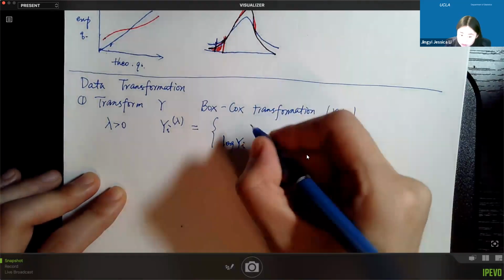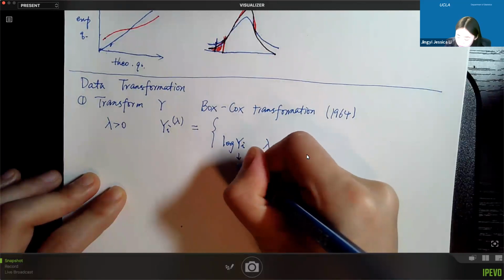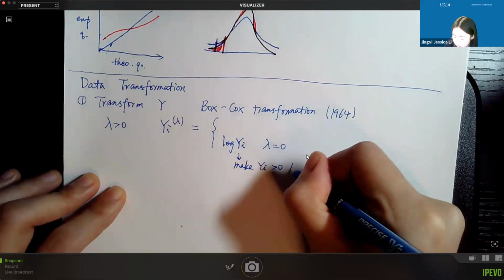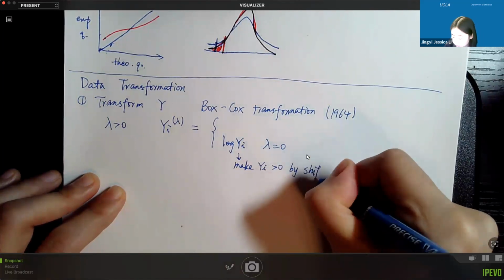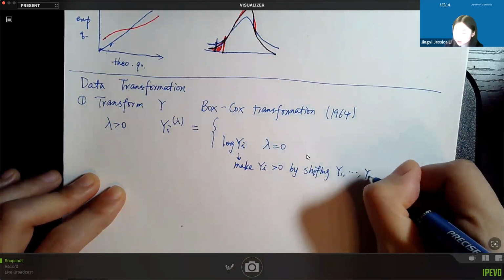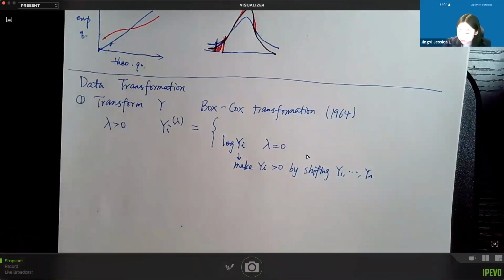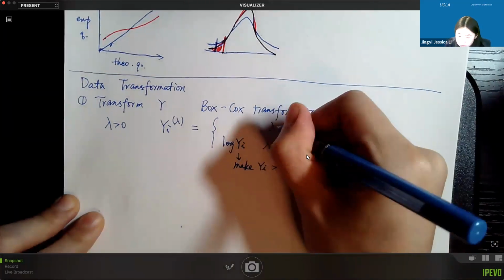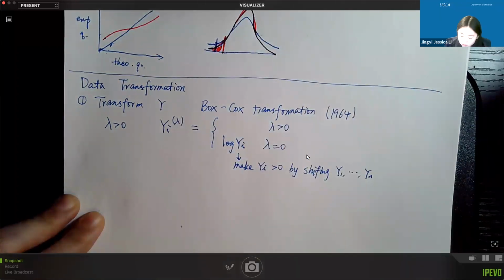So this requires that you make y_i positive by shifting. For y_1 to y_n, you can always do the shift yourself so that the minimum of the y_i's is positive.